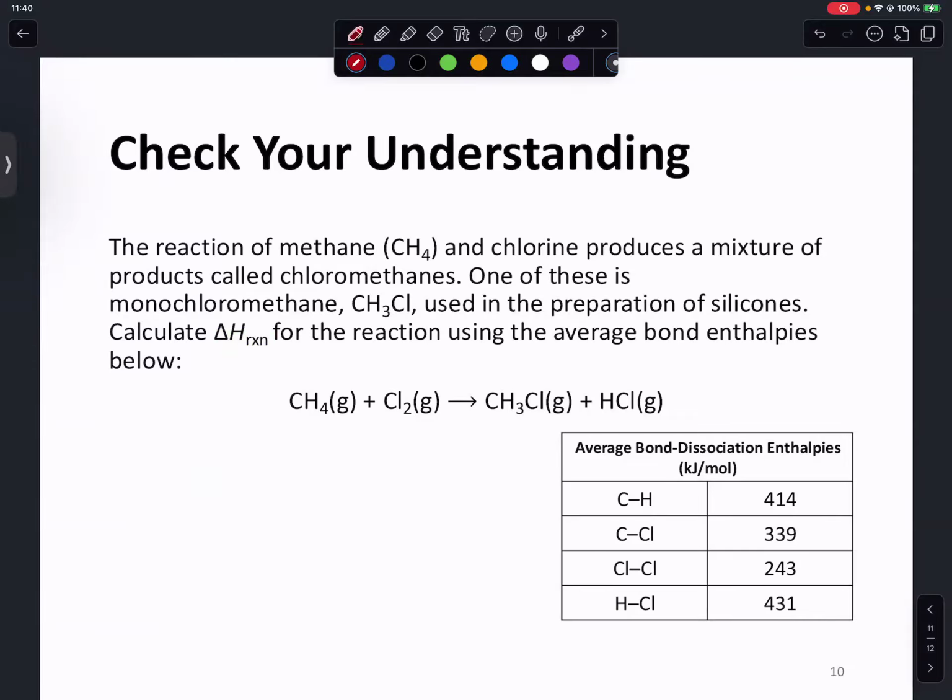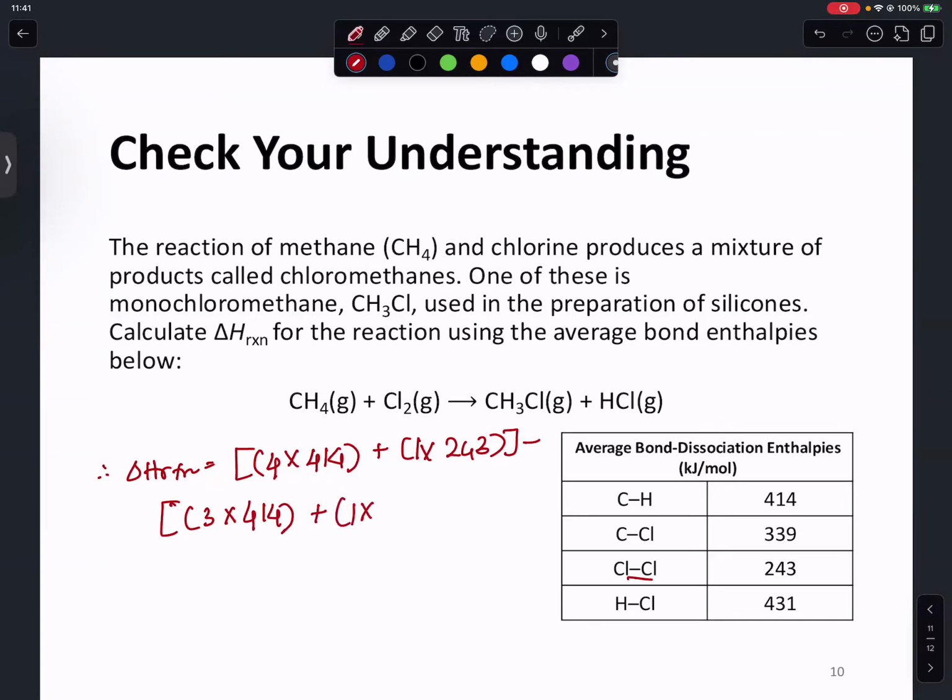Therefore, delta H reaction will be 4 times 414 for CH, plus 1 times 243, which is for the ClCl, minus 3 times the 414 again, plus 1 times the CCl, which is right here, the 339, plus 1 times 431, and this should give me negative 113 kilojoules per mole.